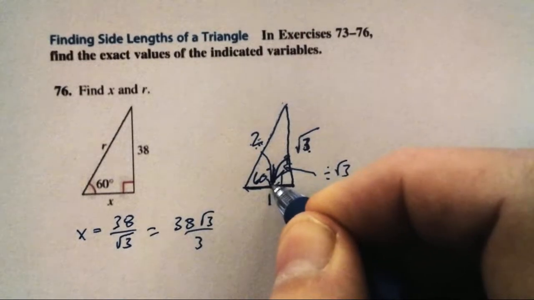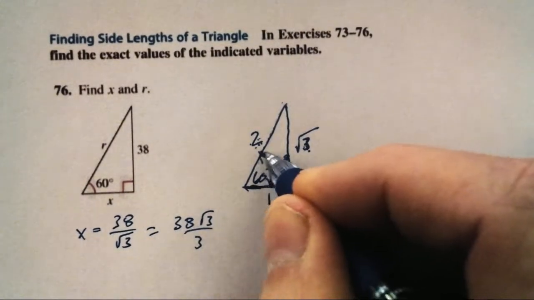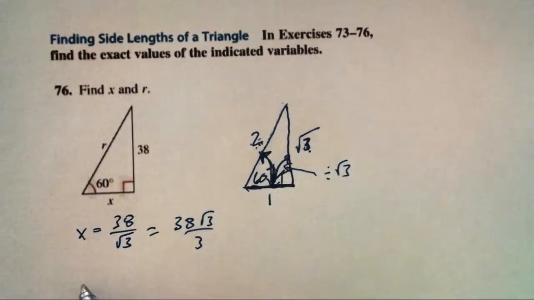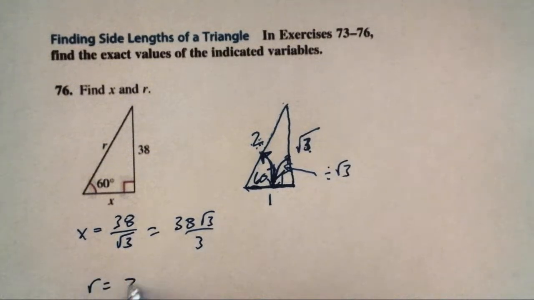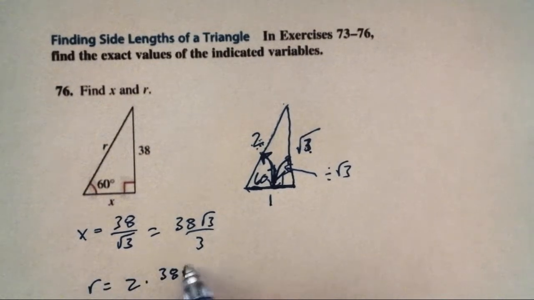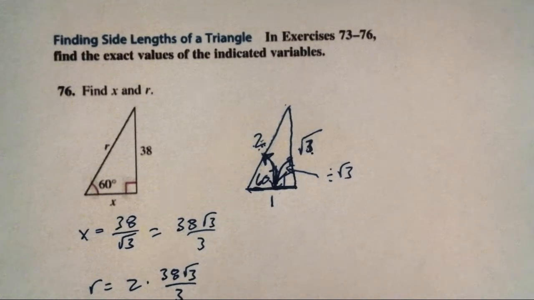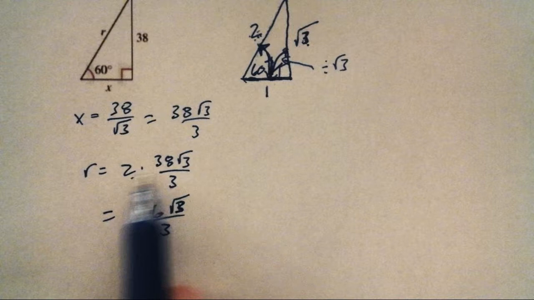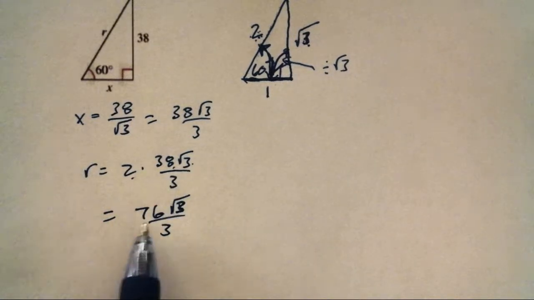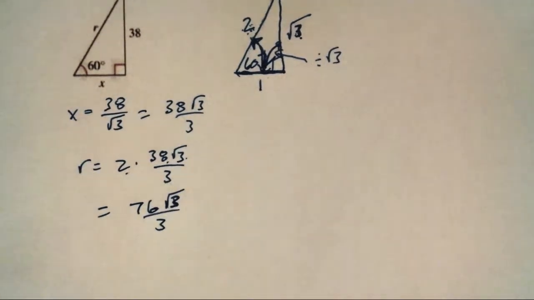To get from the short side to the long side, we have to multiply by 2. So r is 2 times 38 square root of 3 on 3, or 76 square root of 3 on 3.